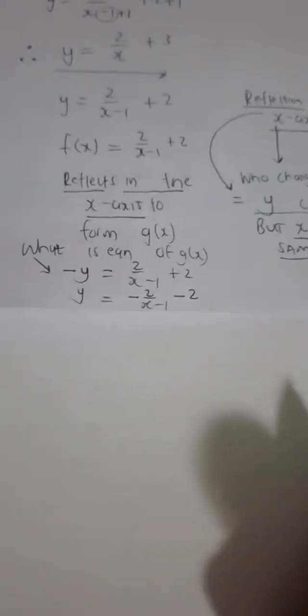That gives us negative 2 over x minus 1. And then we multiply this positive 2 as well by a negative, so that becomes negative 2. Therefore, that is the function g of x. G of x is equal to negative 2 over x minus 1 minus 2.